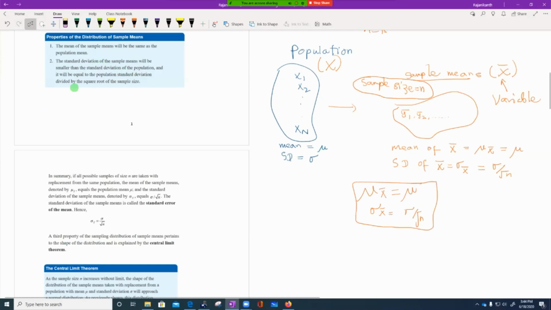The standard deviation of the sample means, sigma x bar, will always be smaller than the standard deviation of the population, and it will be equal to the population standard deviation divided by the square root of the sample size.